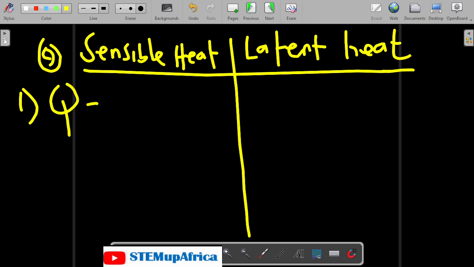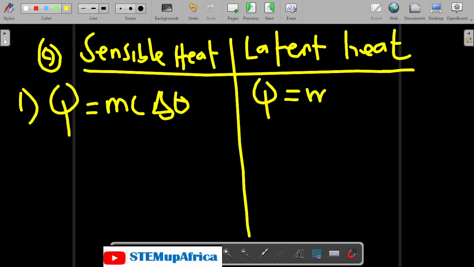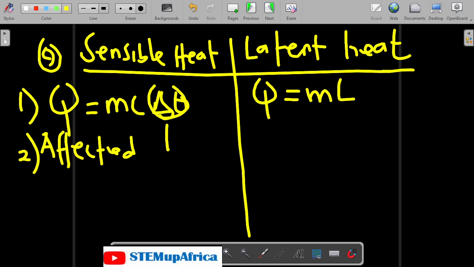For sensible heat, my Q is m c change in temperature, while for latent heat, Q equals m L. So you can use your mathematical formula to differentiate them. This one, number 2, is affected by temperature.